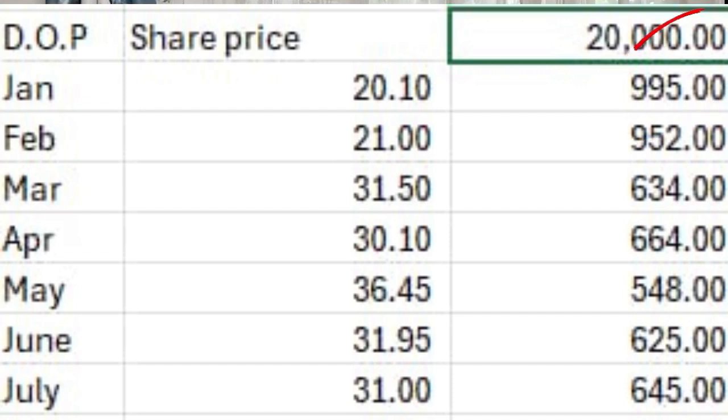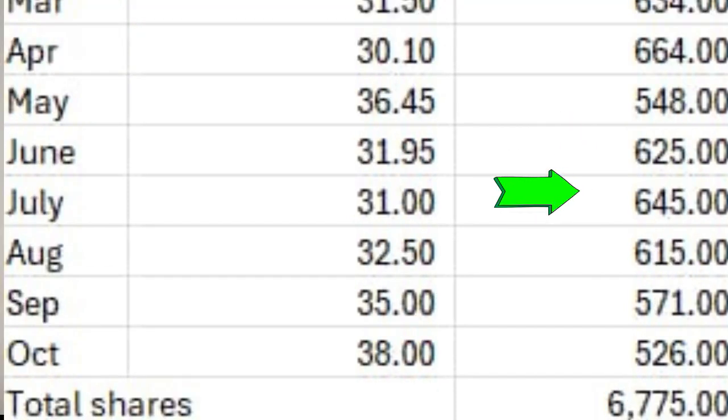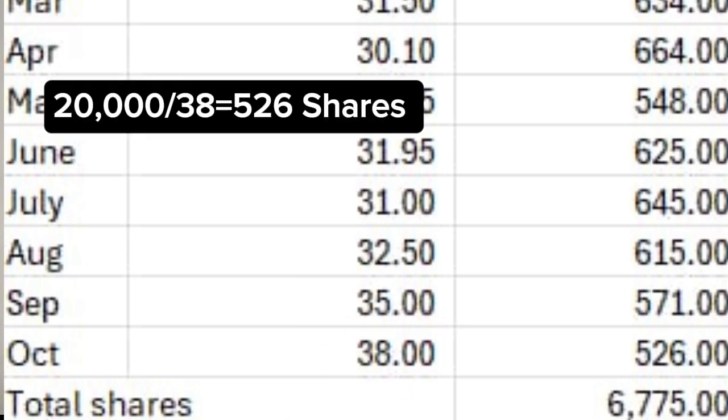So 20,000 shillings will give you 995 shares. In February you'll have gotten 952, in March you'll have gotten 634, and that comes down up to October, where the share price closed at 38 shillings, and that would have given you 526 shares.